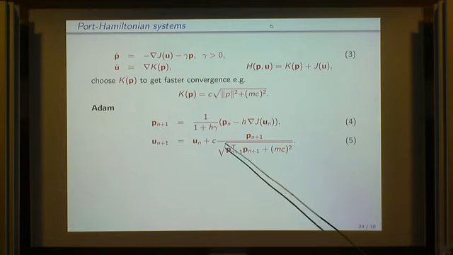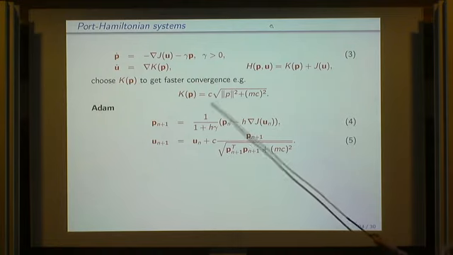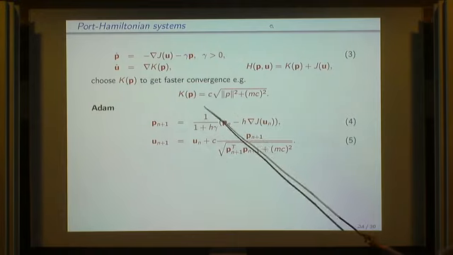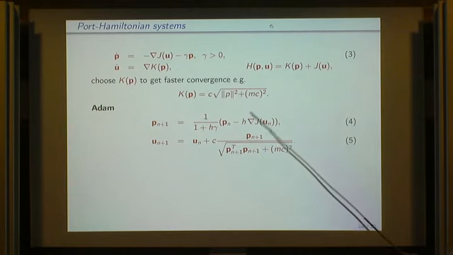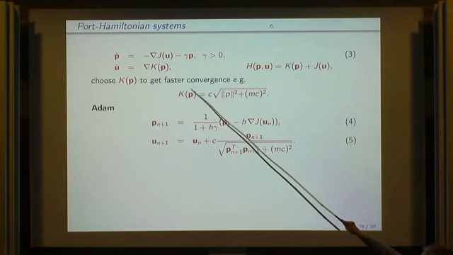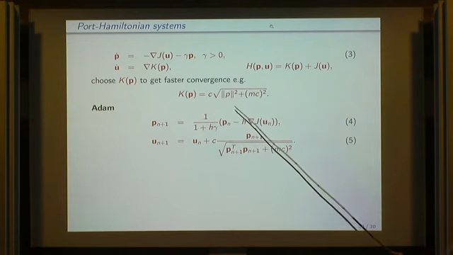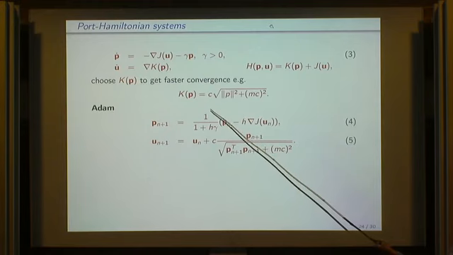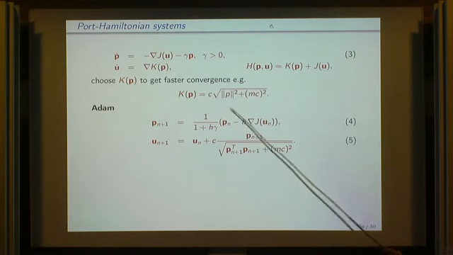Turns out that another method is this relativistic optimization type method, where you replace the kinetic energy, which was before just p transpose p divided by 2, by something like this.